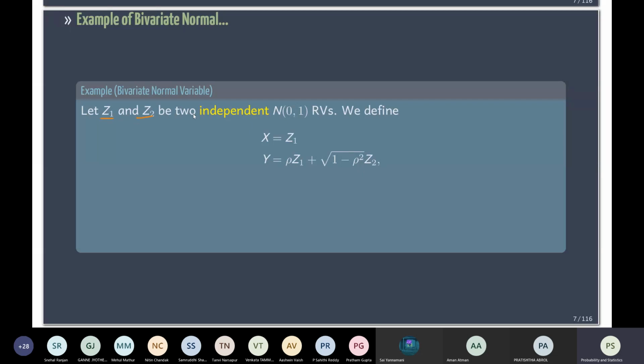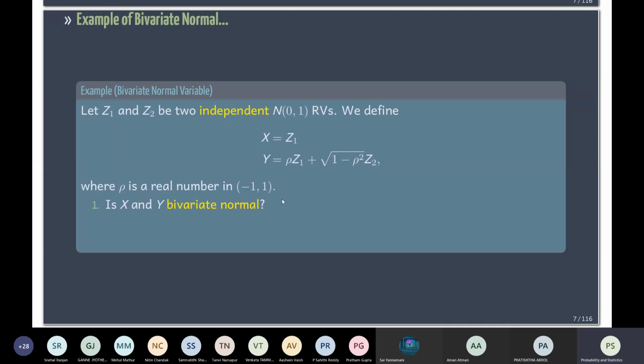Z1 is given, Z2 is given to be independent and standard normal. So X I define to be like this, and Y I define to be something like this. It's a little bit more involved, but let's see what effect it has. Here rho is a real number between -1 and 1, which is also given to us.